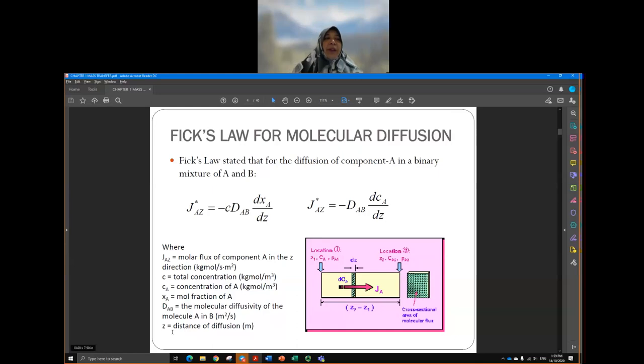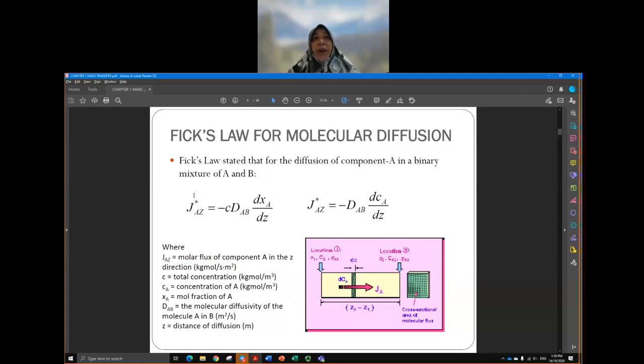And then Z represents the distance of diffusion, all right? Since we are talking about distance of diffusion, and we have discussed the direction of diffusion, which is the movement from higher concentration to lower concentration, therefore Z is actually a vector, okay? Z is a vector.